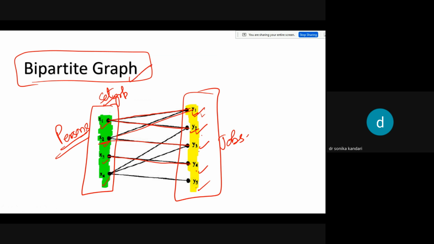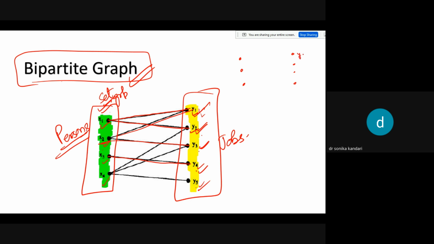So how is this represented? This is represented in the form of a bipartite graph, in which we have two groups of vertices. One is x1, x2, x3, x4, and the second one is y1, y2, y3, y4, y5. How will you identify whether a graph is bipartite or not?